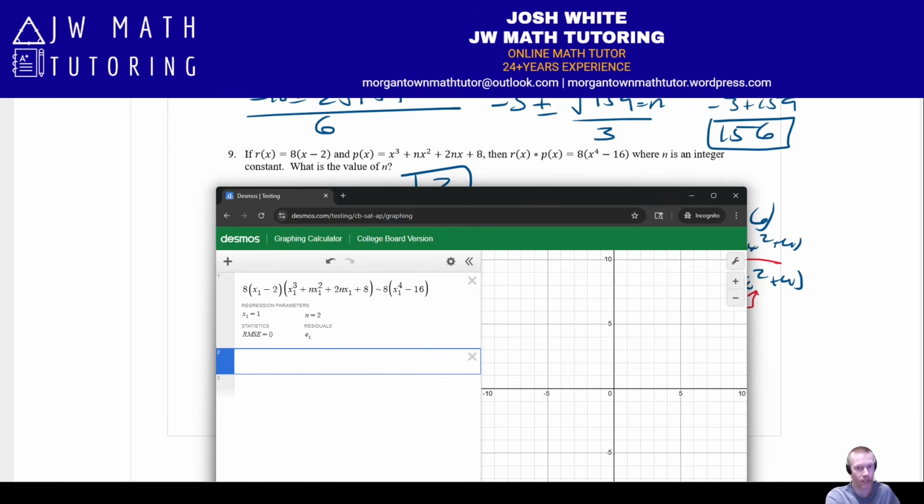Notice it's already giving me n equals 2. Technically you should add an element list for x1 because you don't want that to return a value. So I'm just going to do negative 2, 0, 2, 3, 4. It was giving me 2 even when I put in two numbers, but whatever. I'll just put in a couple here. So notice right here, the answer is 2. That's it. Nothing more you need to do. It takes you under 30 seconds, assuming you can type everything correctly.